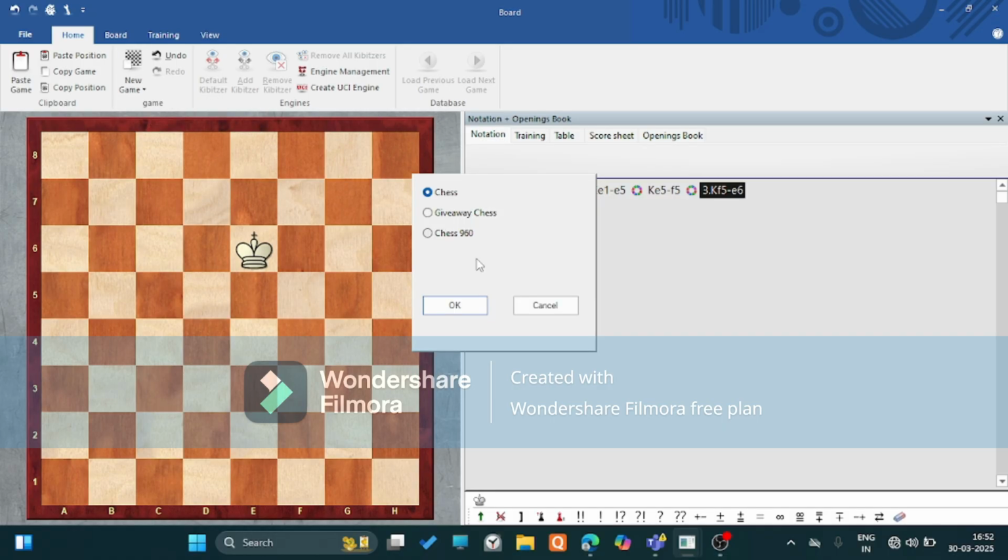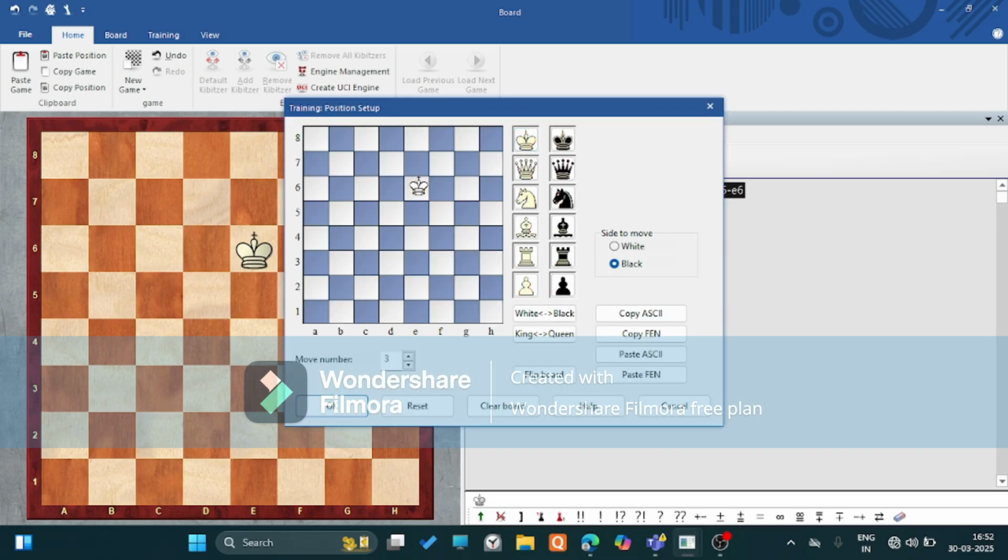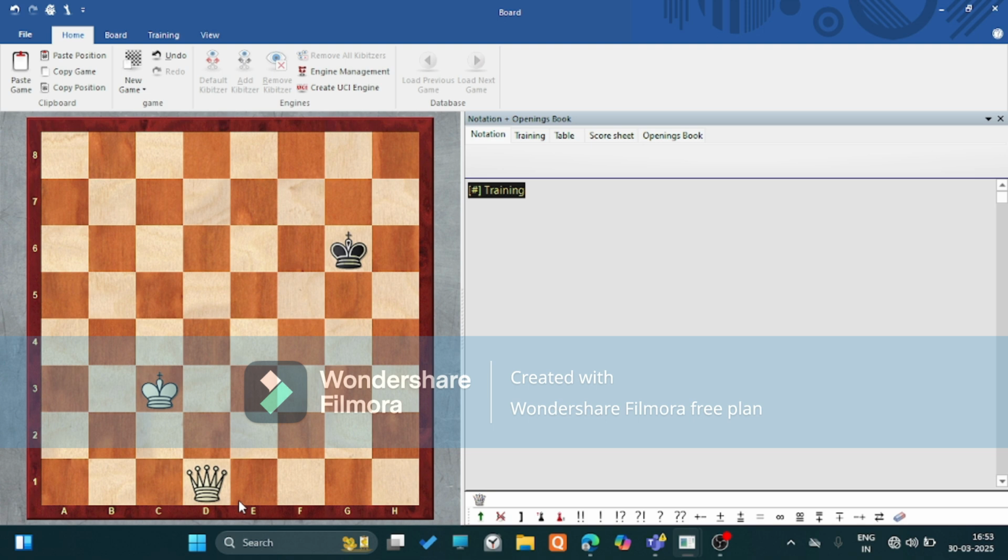Now, suppose let's have another situation. Let's set up the position first. Suppose it's white to move, and suppose white places the queen over here. Now, where all can the king move? The king can move one square adjacent to his position.